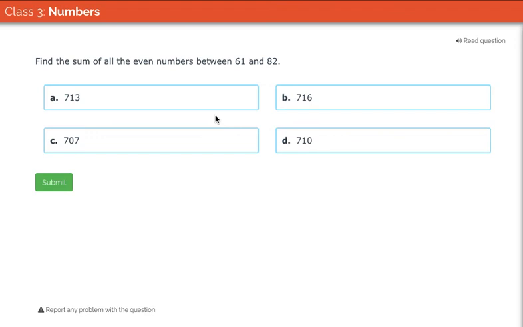Always remember to recheck. You forgot 66.